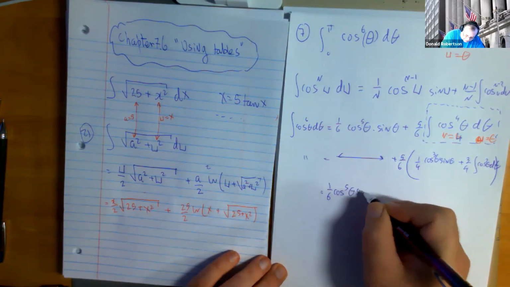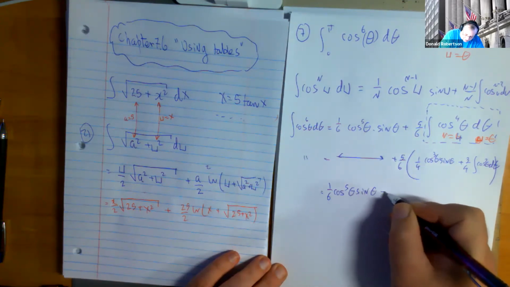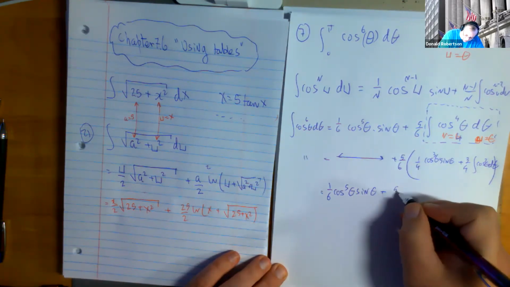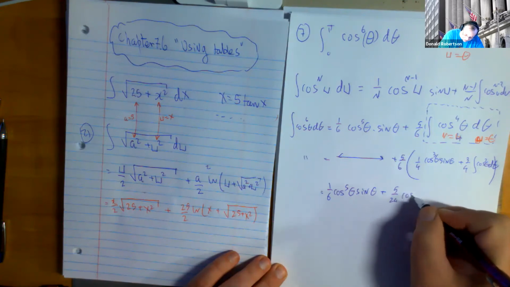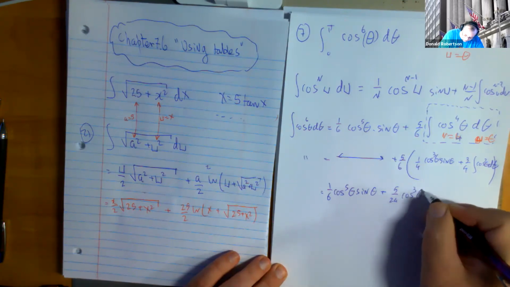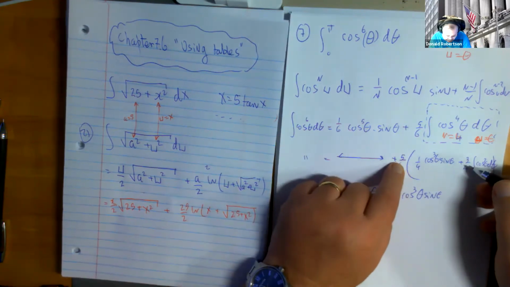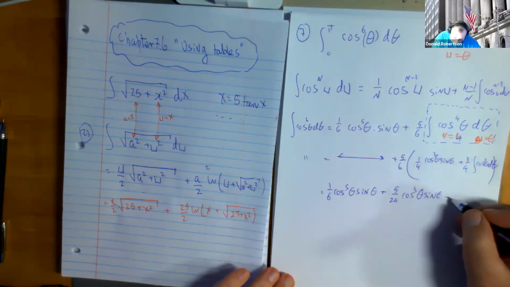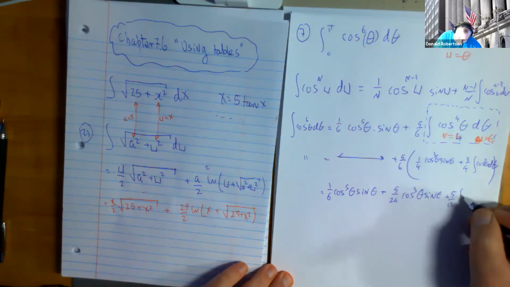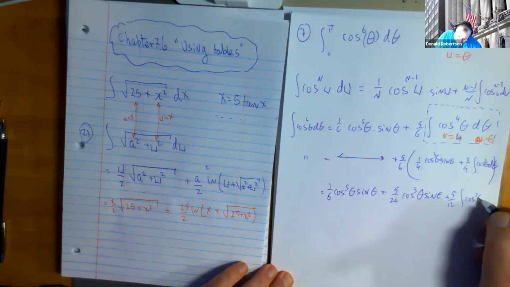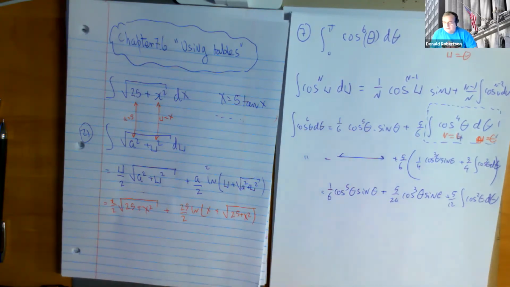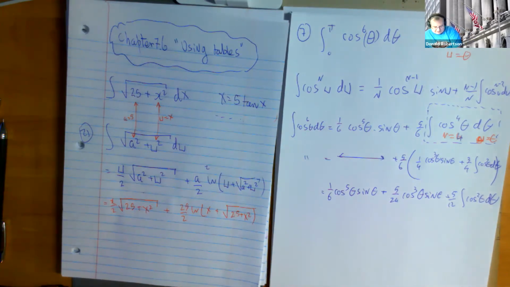5/6 times that is what? 5/24. So this. That times that, 3 and 3, 2, 2, 5/12, this. Now, do you see we have a cos squared left?